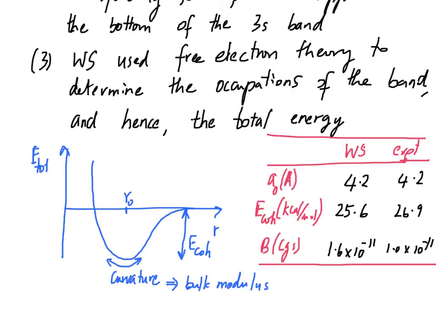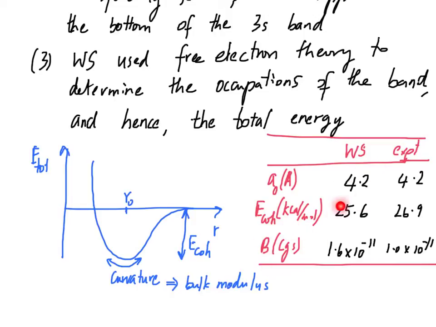As I mentioned, Wigner and Seitz determined all of these 3 properties, and their determinations are listed over here for the lattice parameter, the cohesive energy in kilocalories per mole, and the bulk modulus B. Right?